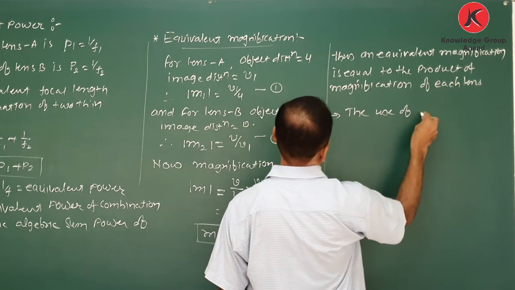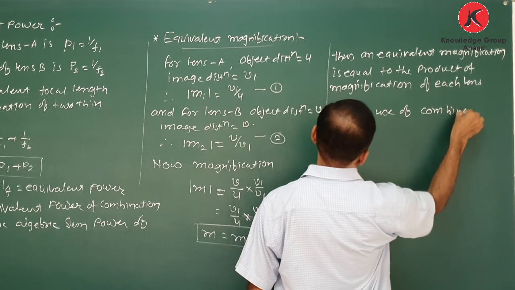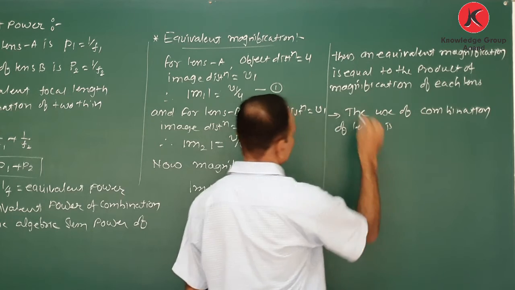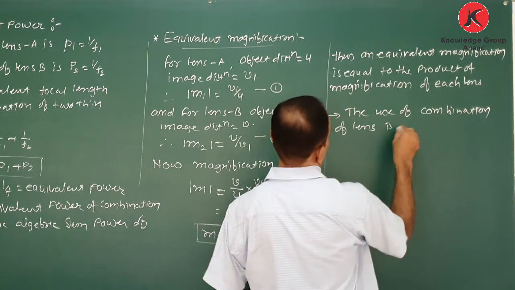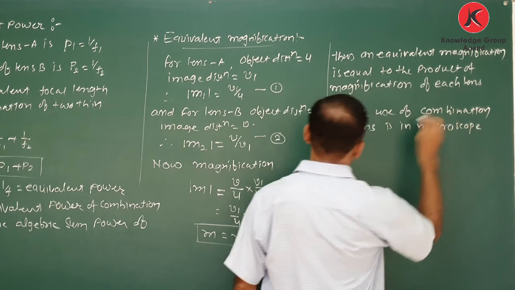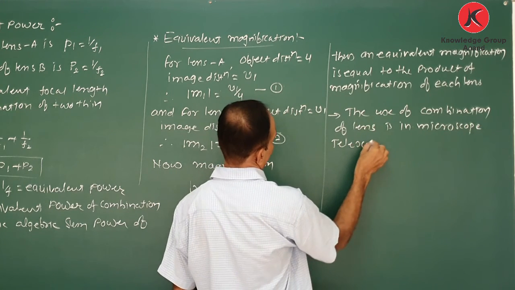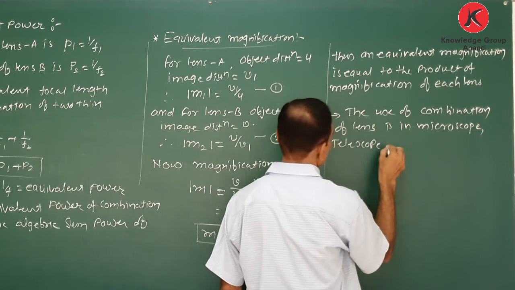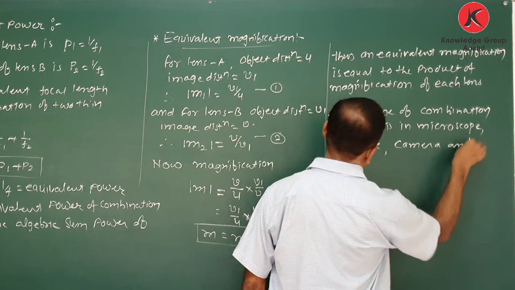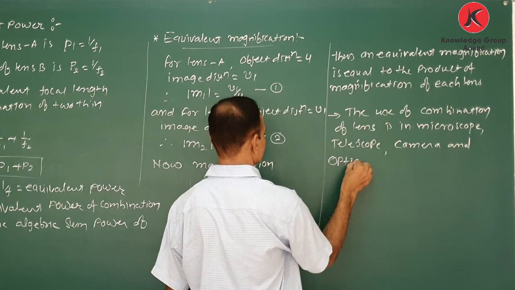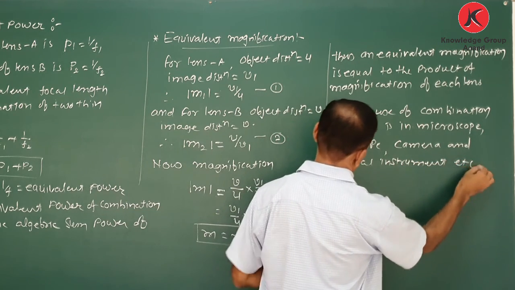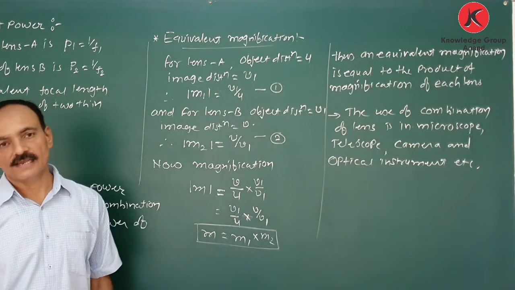The use of combination of lenses is in microscope, telescope, then camera and optical instruments, etc. So that is the use of combination of lenses.